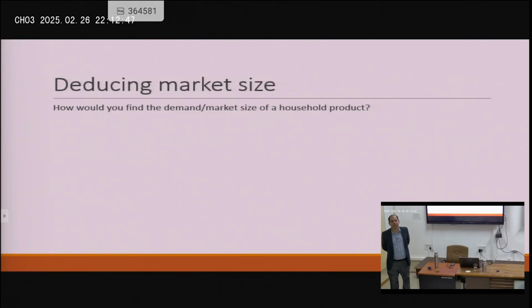But let's say I give you the market size for a microwave. So it depends, maybe it depends on the lifestyle of the people. It could be a city where people wish to have ready-made foods which can be easily cooked.